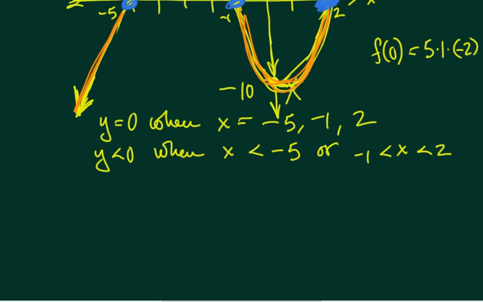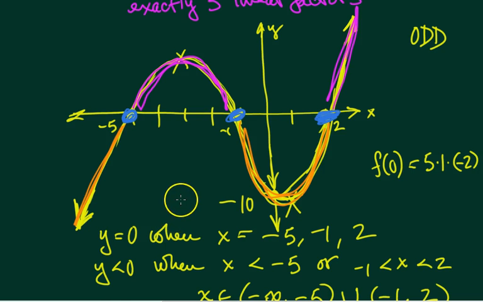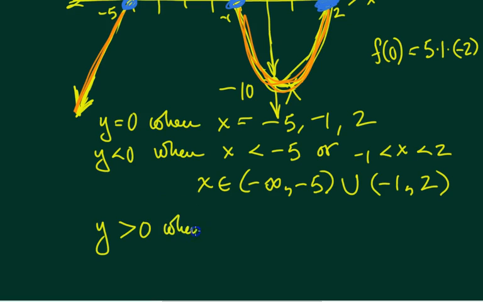Now some of you want to know, what if I write it this way? x is in the interval from negative infinity to negative 5, union the interval negative 1 to 2. Well, these are perfectly equivalent, so you can do either one. And y is greater than 0 when x is between negative 5 and negative 1, or when x is greater than 2.